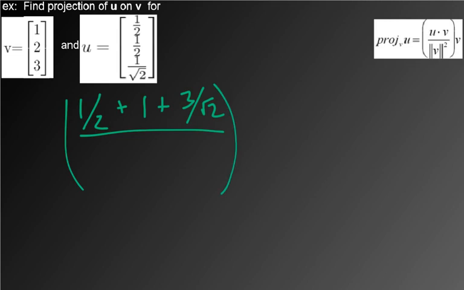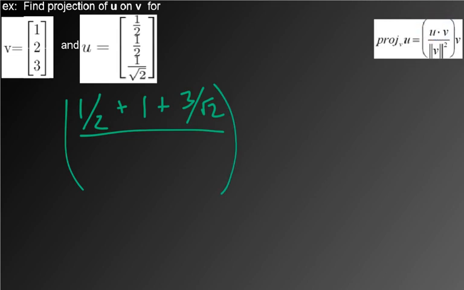So just to show you how we do it, it is a fairly straightforward calculation. If we were going to find the projection of u on v here, we start by taking the dot product. So we would get 1 times a half, which is 1/2, plus 2 times a half, which is 1, plus 3 times 1 over root 2, which is 3 over root 2. So that's this part right up here, u dot v.